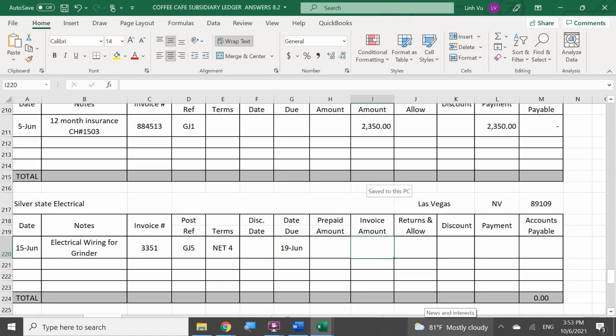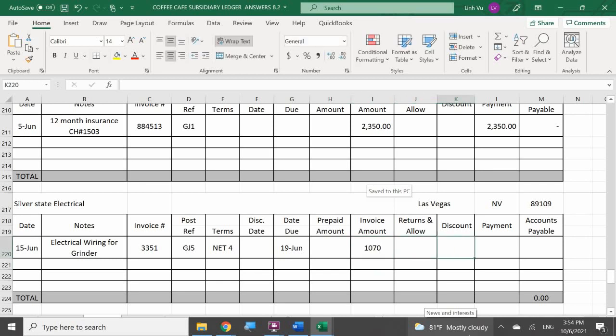Now I have a problem. Is it the prepayment amount or the invoice amount? In this case, did we ever give Silver State Electrical a down payment? No. So in this case, this is a bill, an invoice. So what was the invoice amount? How much did they ask you to owe? 1,070.